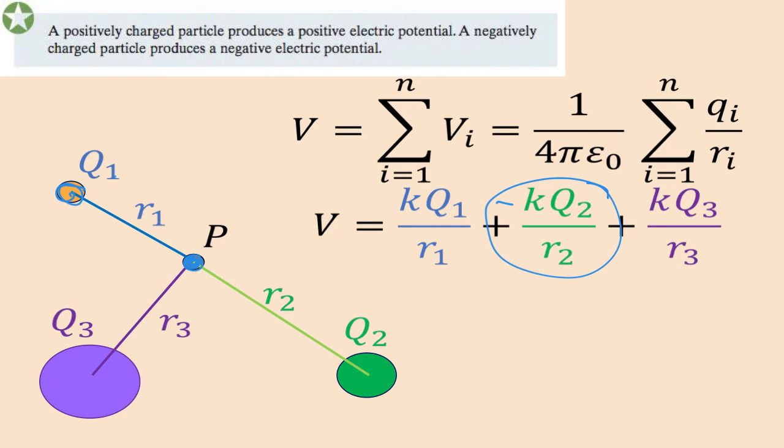So if you're asked a question like, where in the vicinity of these charges is the potential zero? You are asked that kind of thing for electric field all the time. Well, in that case, you'd better hope that they're not all the same sign. If they are the same sign, there's no way to get a potential equal to zero. So that's useful.